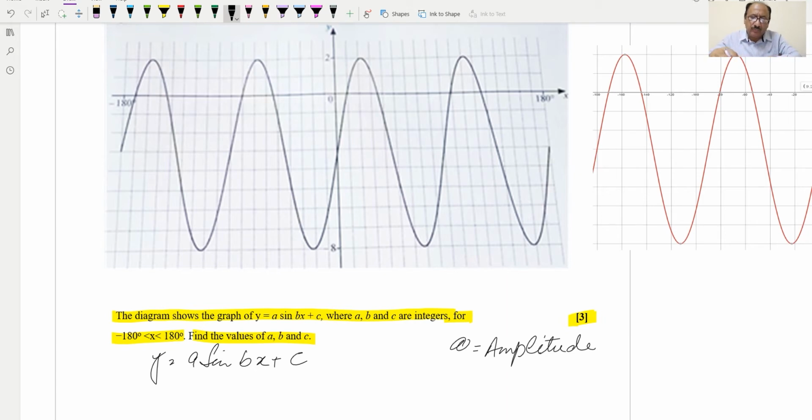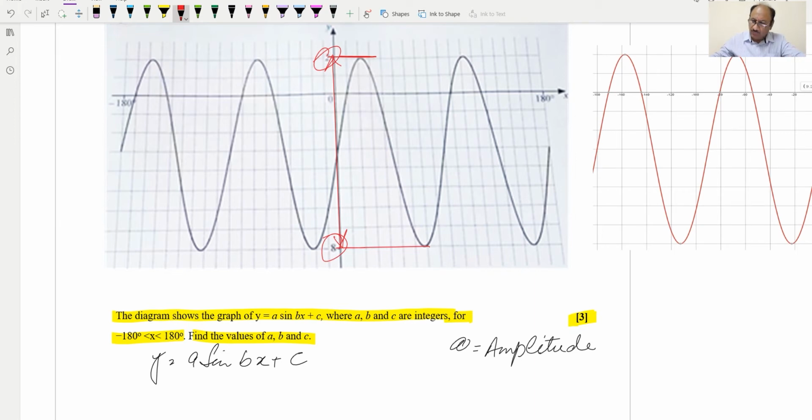The maximum point we can take is 2, and the minimum point is -8, so it varies from -8 to 2.